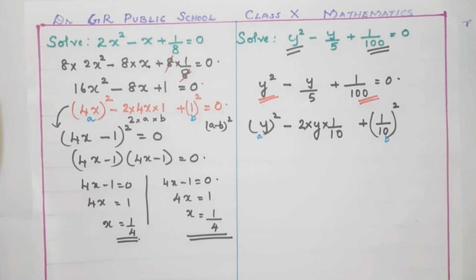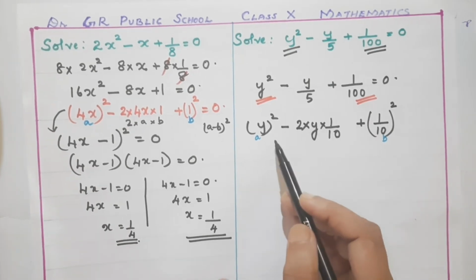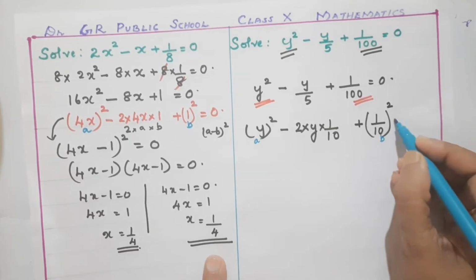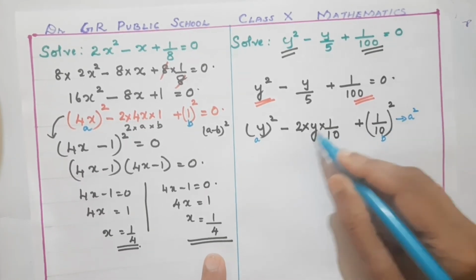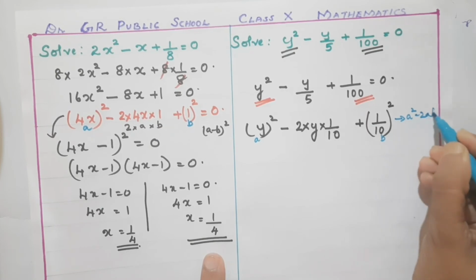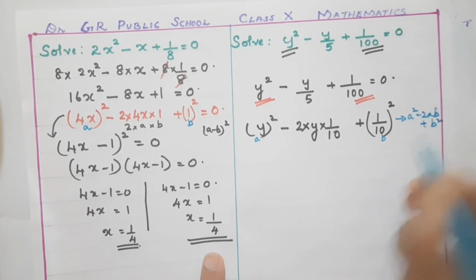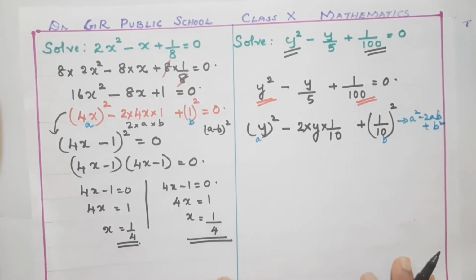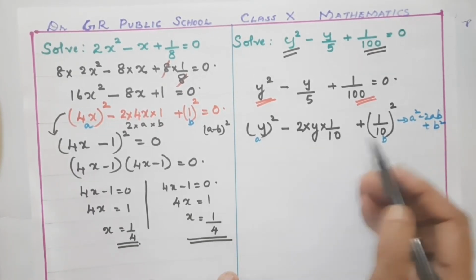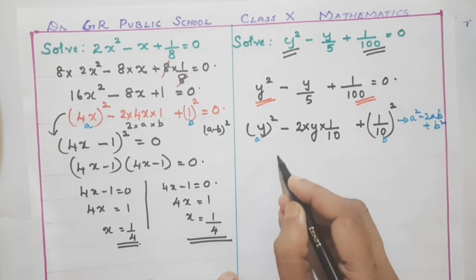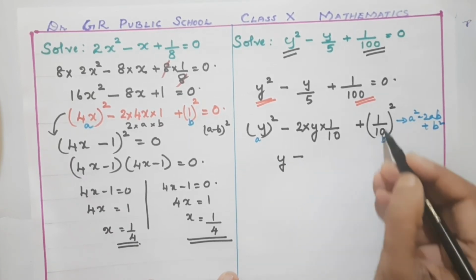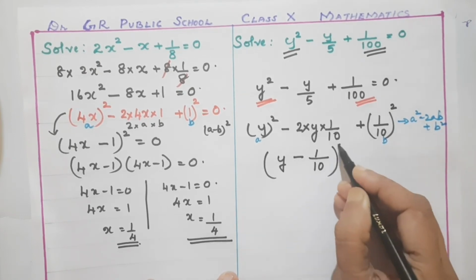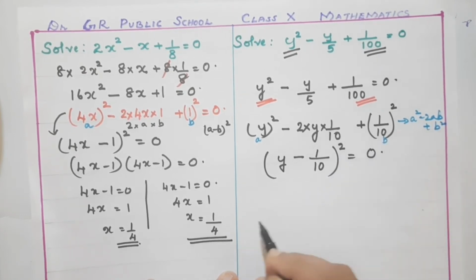Okay. So the given expression is of the form, which form? This is of the form a square minus 2ab plus b square. What is a square minus 2ab plus b square? (a minus b) the whole square. So this can be written as, here a is y, b is 1 by 10, the whole square equal to 0.